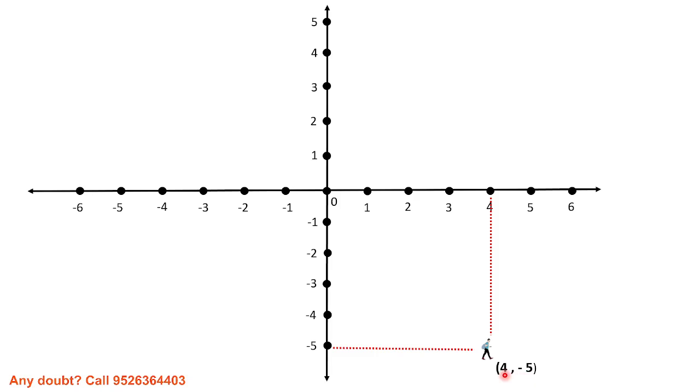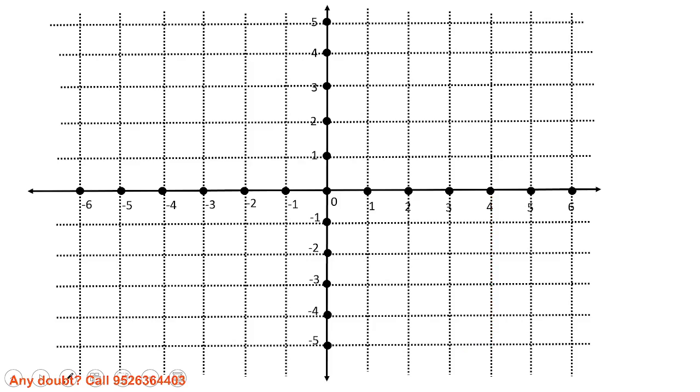So let me give you a few more examples. Suppose a person can move in any direction. In whichever direction he travels, we can clearly express the position of the person mathematically.